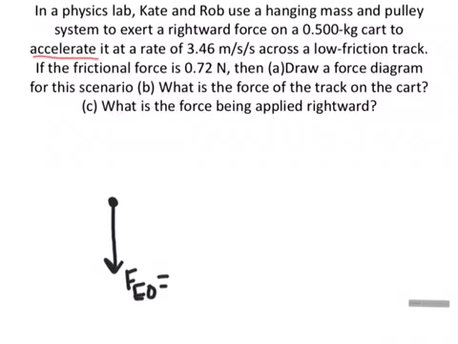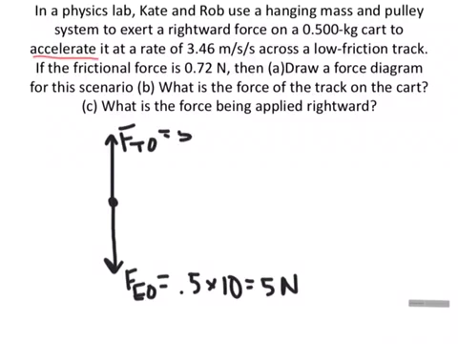So we take 0.5 times 10, and we get 5 newtons down. It's going to stay on this track, so the track must be pushing up with the exact same amount. The force of the track on the object, which is going to be 5 newtons.